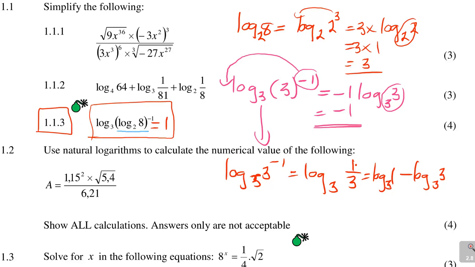You know that log of 1 is always 0, for any base. For example, log base a of 1 is equal to 0. So even here, this will become 0. We have got minus log base 3 of 3, which is negative 1. So in whatever case, you're still getting the answer negative 1.